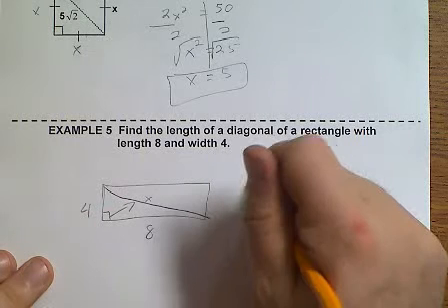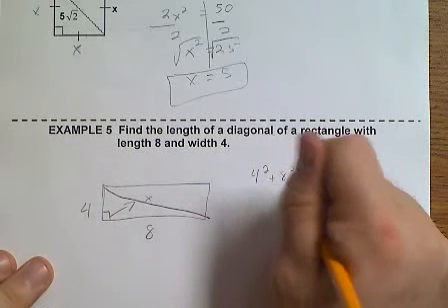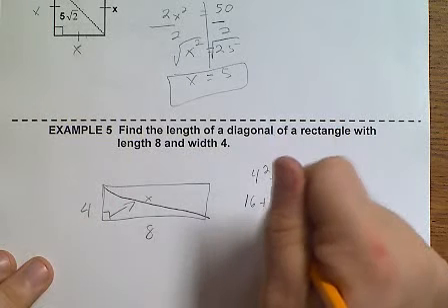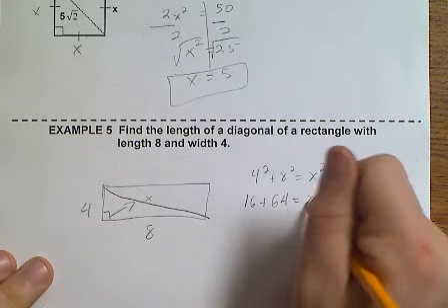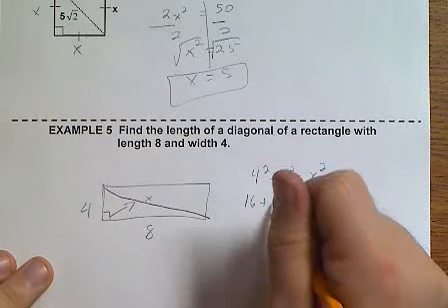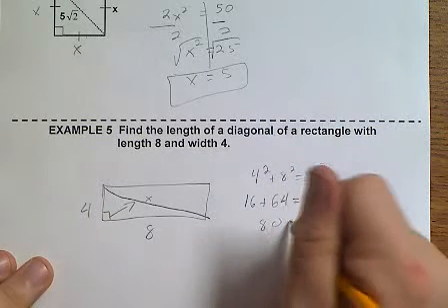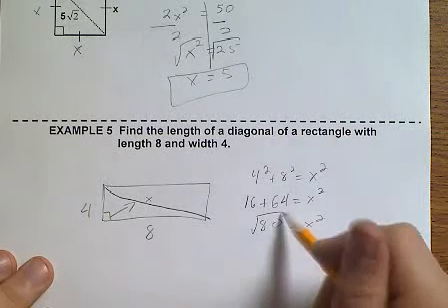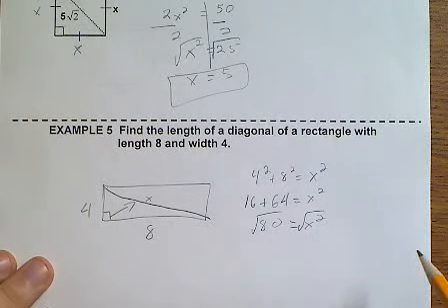So 4 squared plus 8 squared equals x squared. 16 plus 64 is x squared. 80 is x squared. We'll take the square root.